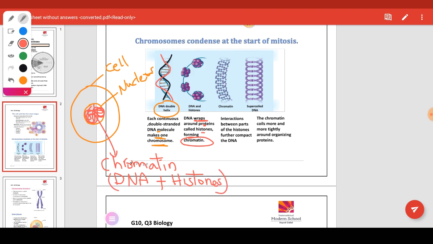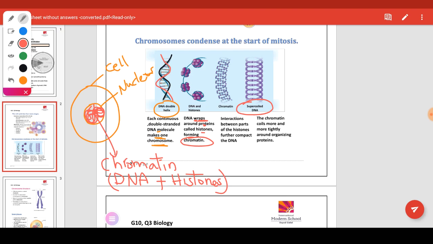What happens? The cell now wants to divide. It cannot divide its genetic material in a chromatin form. So what will happen? The chromatin will compact and wrap around a protein to form a spiral coiled DNA.